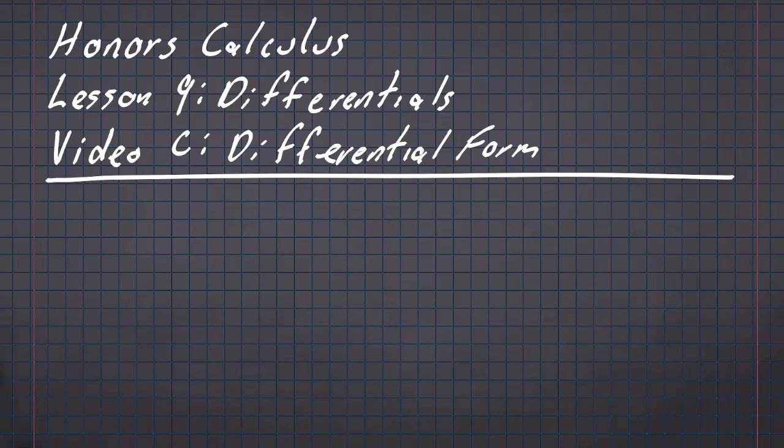If we have a v and a v prime and an r prime, what are we taking the derivative with respect to in r prime and in v prime?